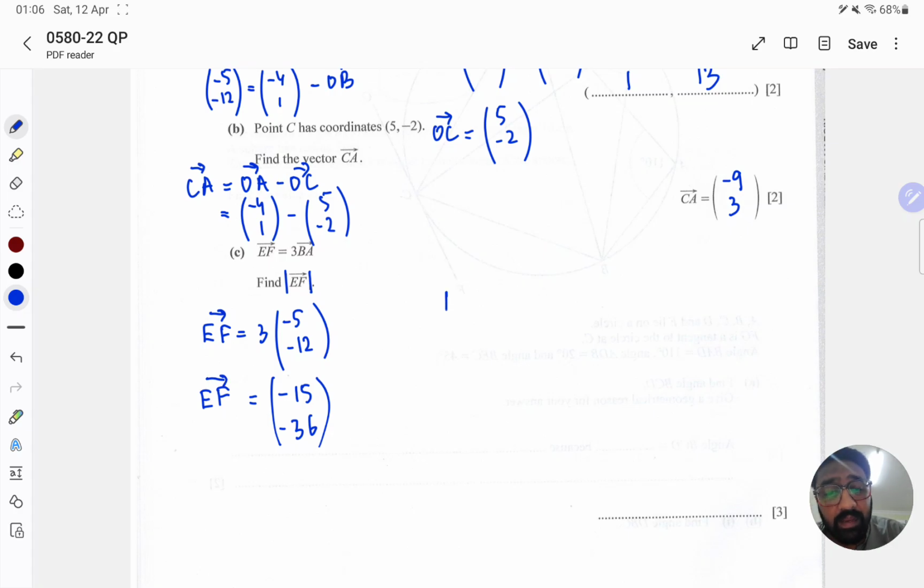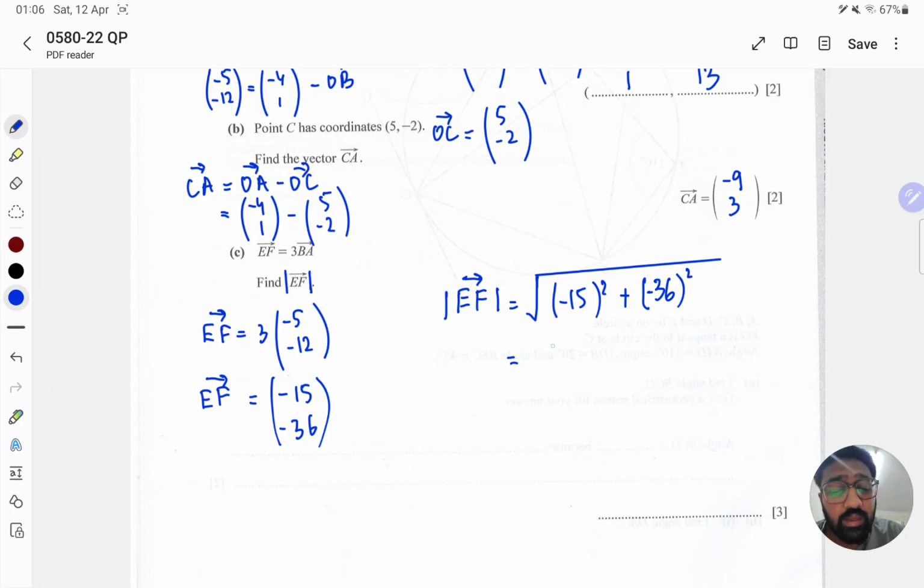I need to find out the magnitude of EF. The formula for magnitude is square root of x square plus y square. So the value of x is -15 whole square plus -36 whole square. So just substitute these values here. -15 square is 225, -36 square is 1296.